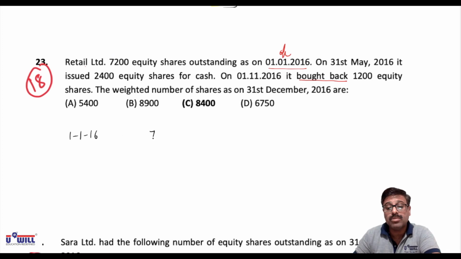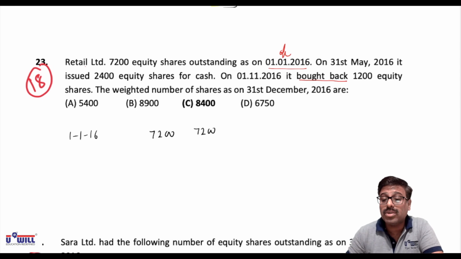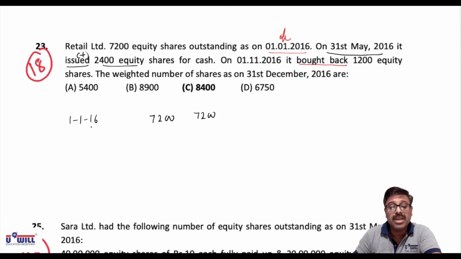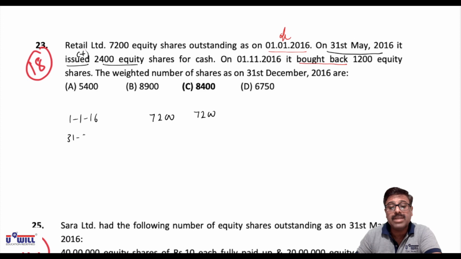So balance will also be 7,200. Then on 31st May 2016 it issued, so we will plus 2,400 equity shares for cash. So 7,200 plus 2,400, 9,600.